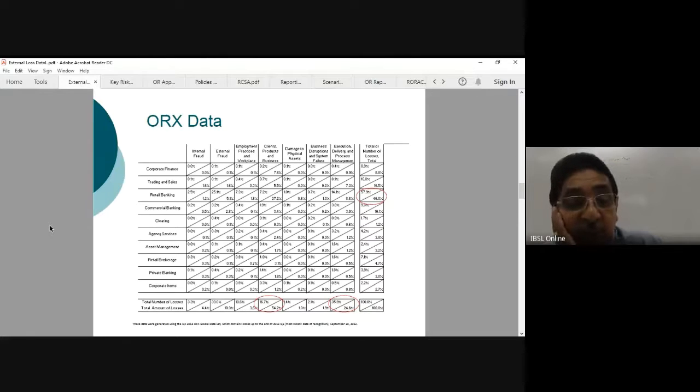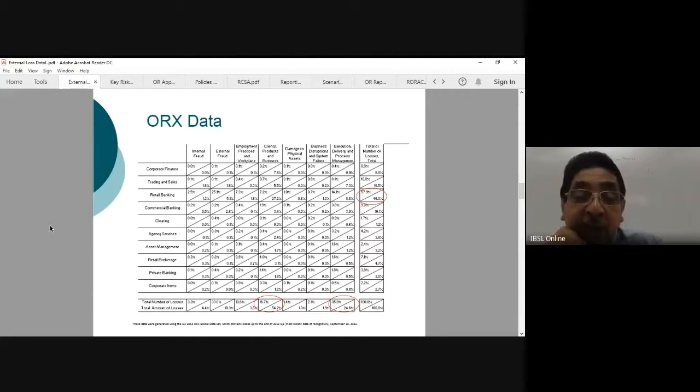If you take the total losses as 100, you will have 4.4 losses in internal fraud. You get my point. Is it okay? Because you should be in a position to read this matrix. You should read it properly.